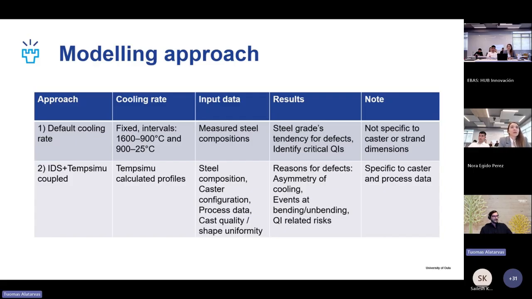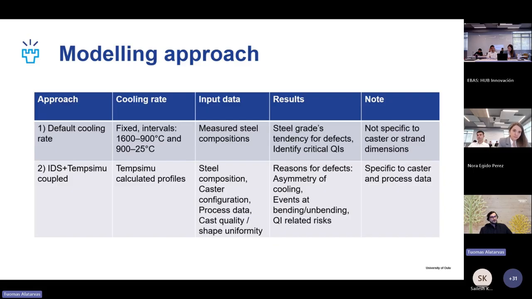And as results, we can investigate the reasons for different kinds of defects, so whether they are a result of cooling asymmetry or events in the bending or unbending locations, or other risks that are related to quality indices. And this will be specific to caster and process data.